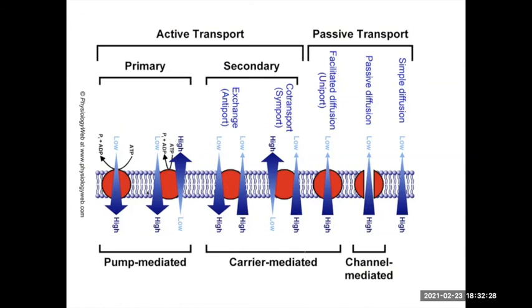And then once you build up this gradient of stuff, you can do this secondary active transport, right? So this is all moving stuff in and out of the cell because we need that stuff and we want to maintain a certain osmolarity. We want to maintain a certain electrolyte concentration and distribution.